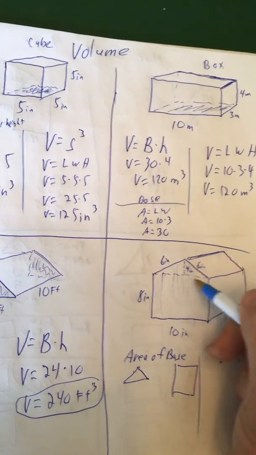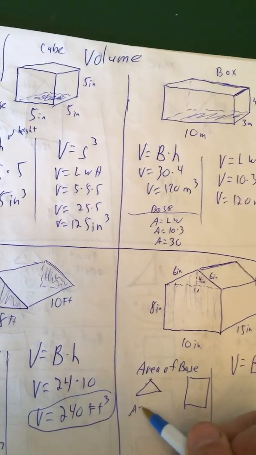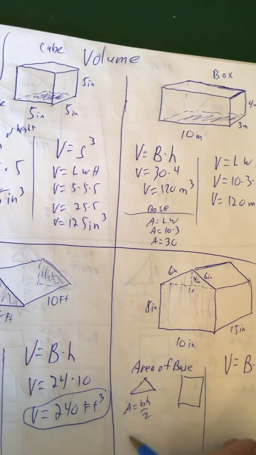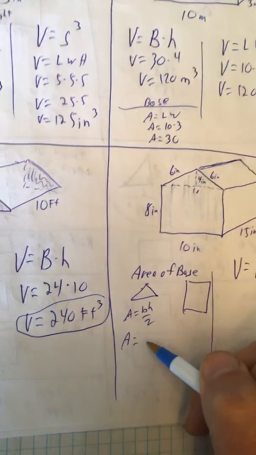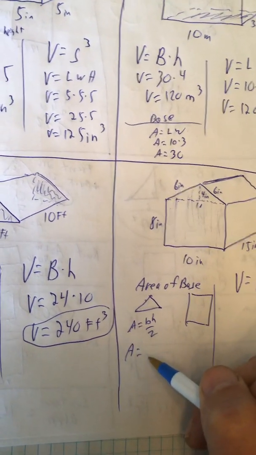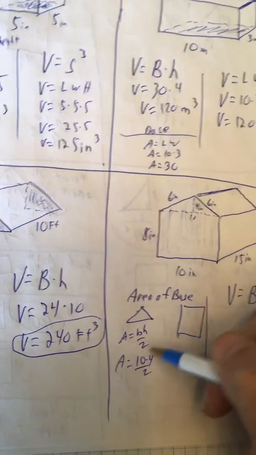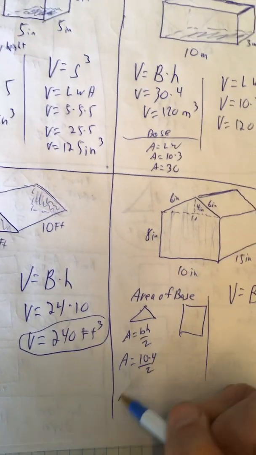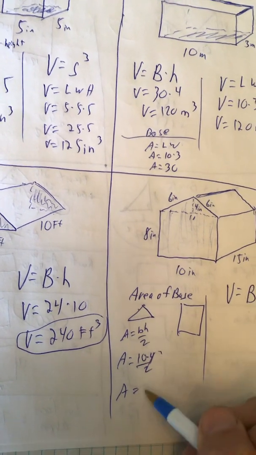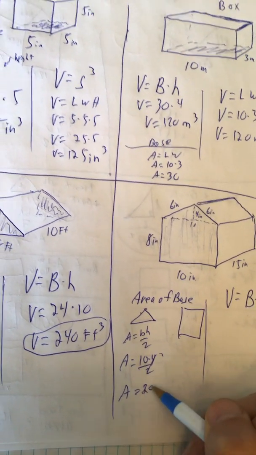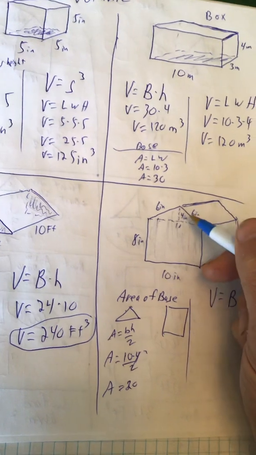The triangle is 4 by 10. So area is base times height divided by 2. So it's 10 times 4 divided by 2, actually I'll put the base first. And you know, you get an area of 20. There's the area of the triangle part.